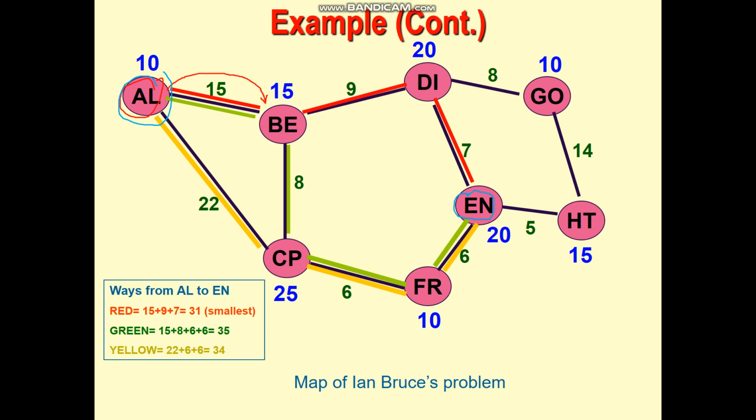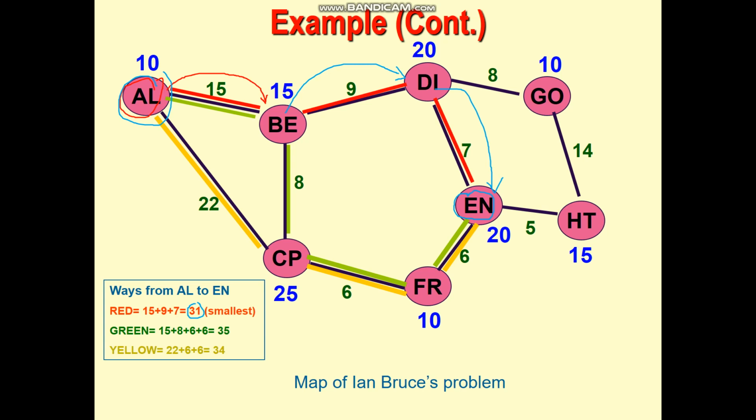We have several ways to go from AL to EN. We can go from AL to BE, then BE to BI, then from BI to EN, following the red line. So the distance is 15 plus 9 plus 7, which is 31.